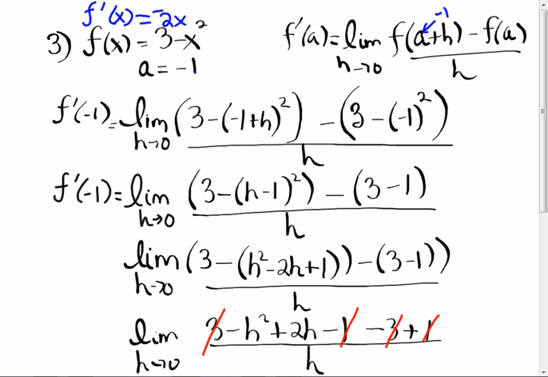This is f of -1 plus h minus f of -1. So you put this in for x.